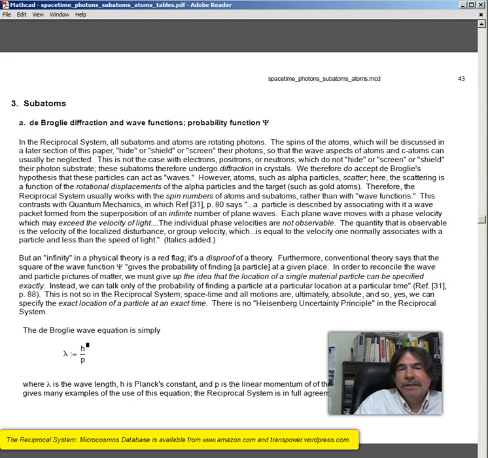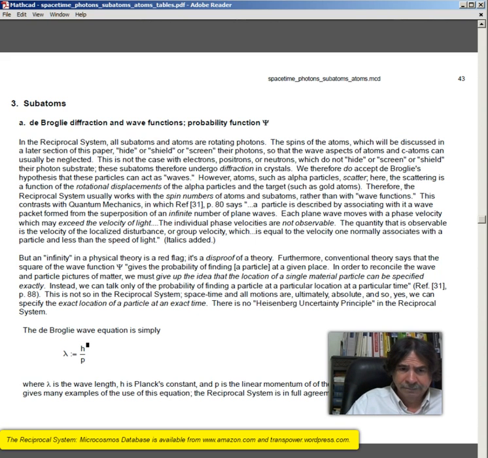This is not the case with electrons, positrons, or neutrons, which do not hide or screen or shield their photon substrate. These subatoms therefore undergo diffraction in crystals. We therefore do accept de Broglie's hypothesis that these particles can act as waves.